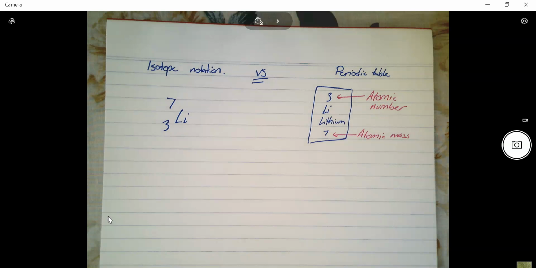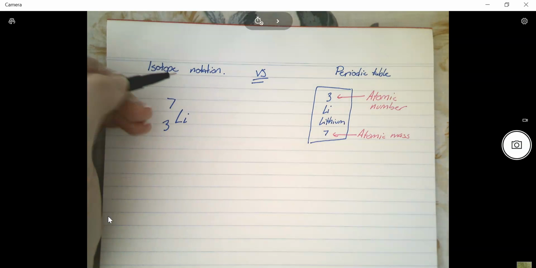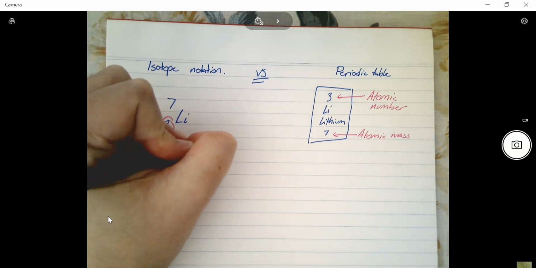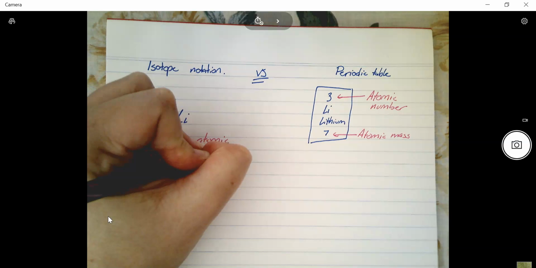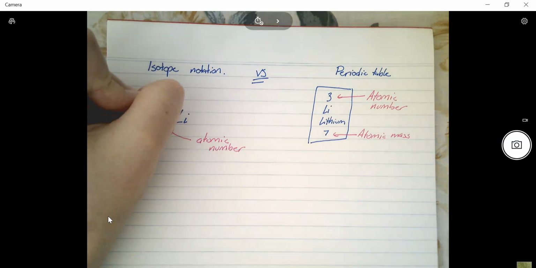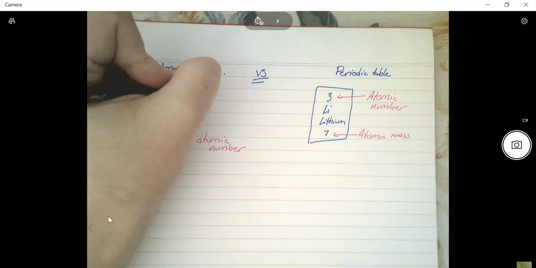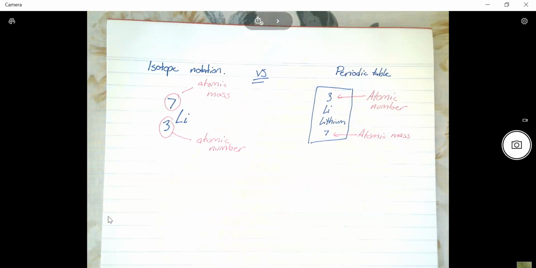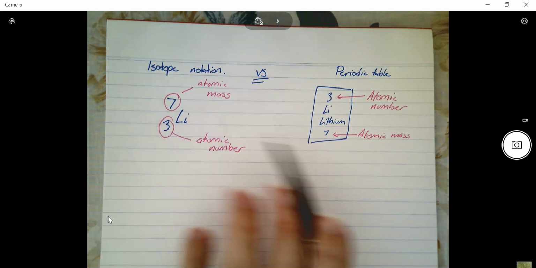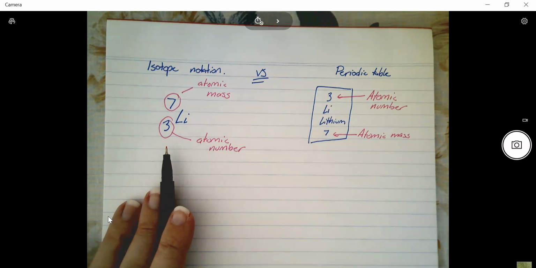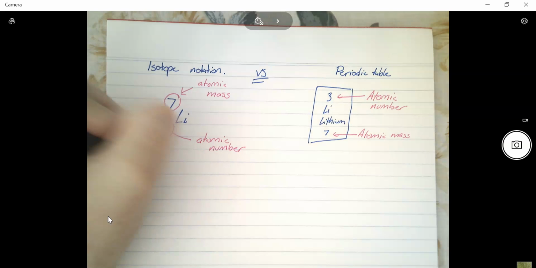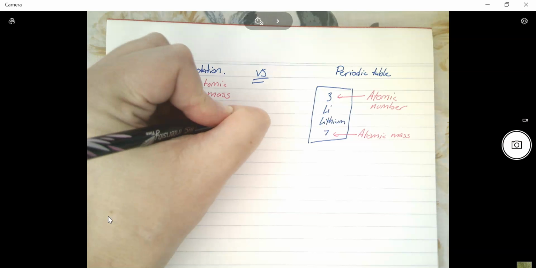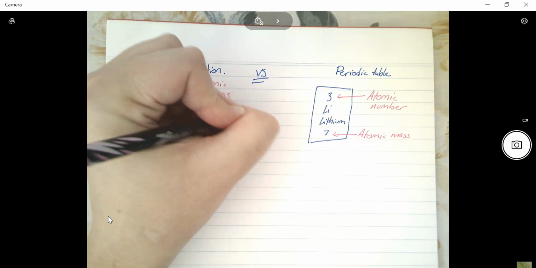But you still need to know that in isotope notation, this number now at the bottom is our atomic number, and this number at the top is our atomic mass. It's just a different way of writing what's on the periodic table. And then here, well, this is our element symbol.